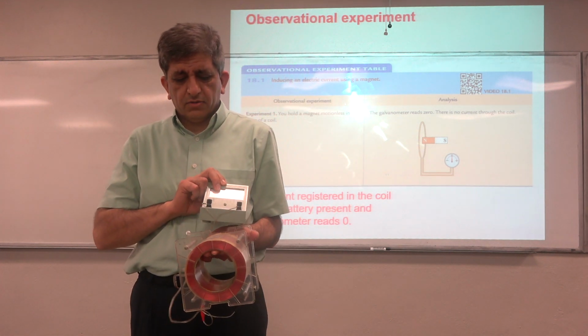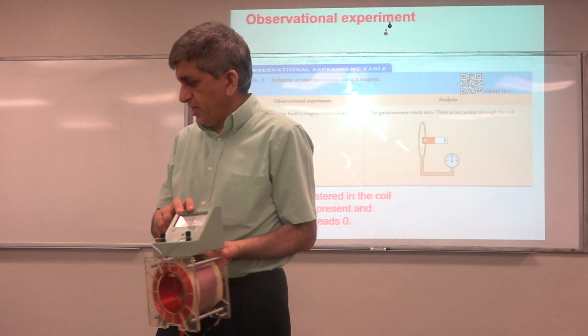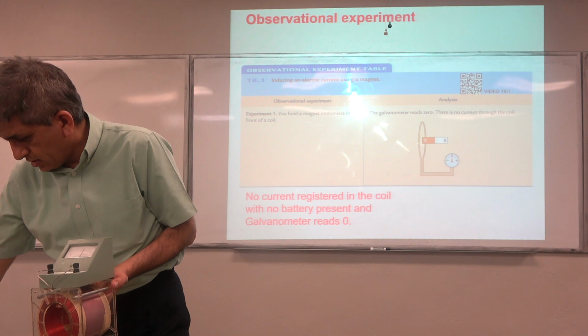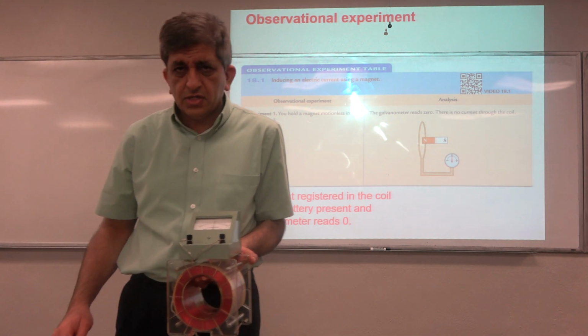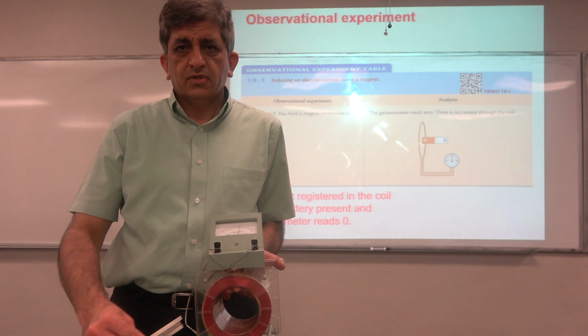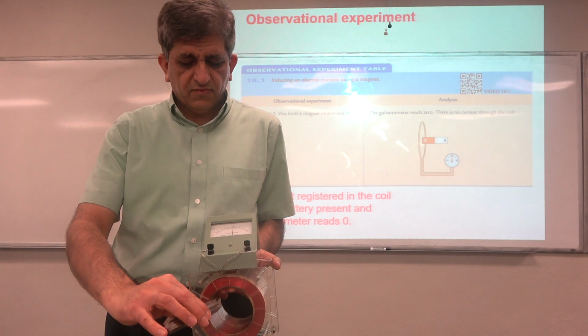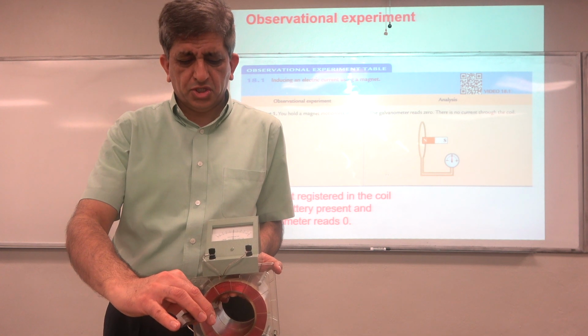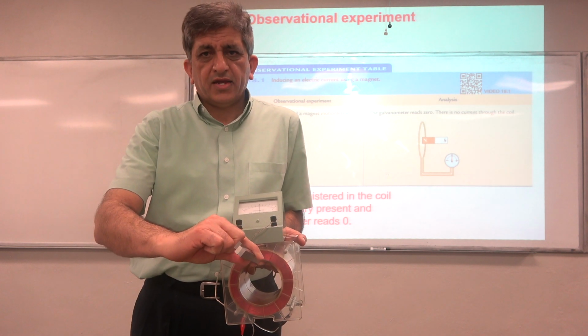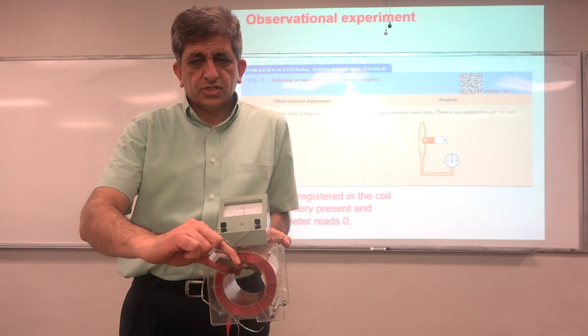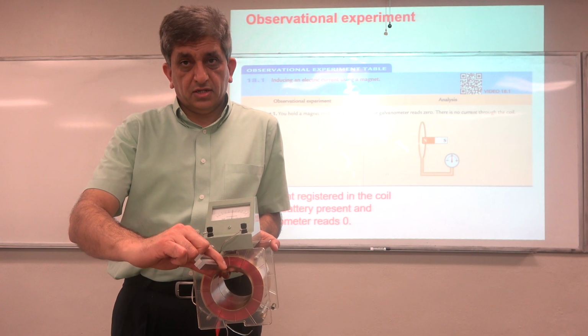Alright, now if I bring a magnet close to that, you will see there is a motion in the needle when I bring it. But then, once I hold the magnet still, it's not moving, nothing is going to change.